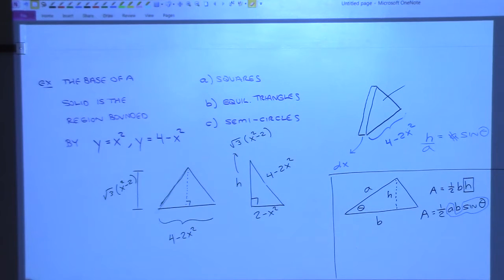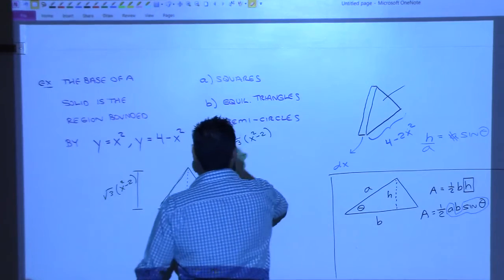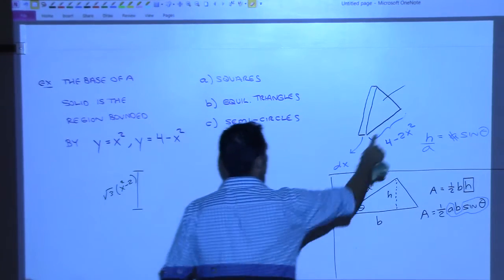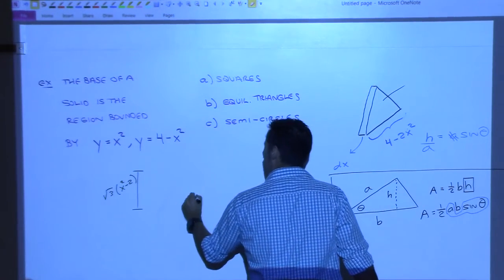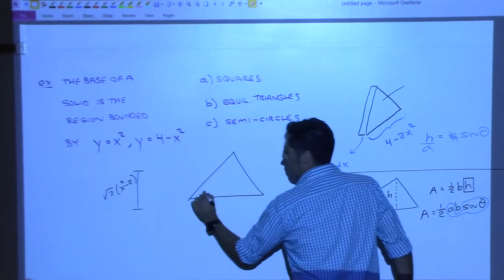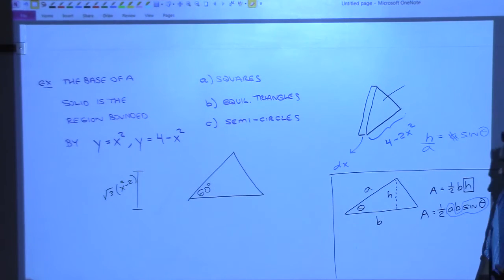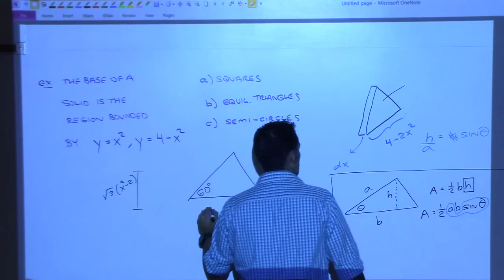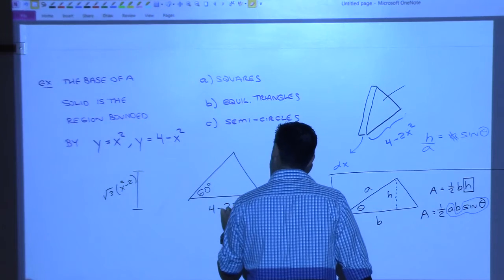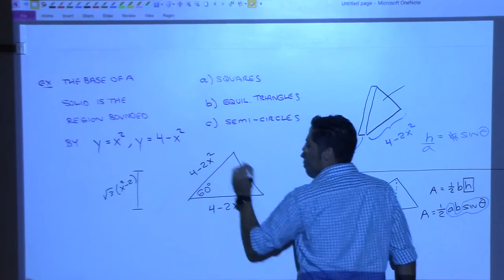Now let me show you what's so awesome about this formula. If we go back to the triangle we were working on right here, and we drew that, and then we try to cut it in half, we don't need to, because we know this is 60 degrees, because it's an equilateral triangle. Pi over 3 if you like. We know that this side right here is 4 minus 2x squared, because it's an equilateral triangle.